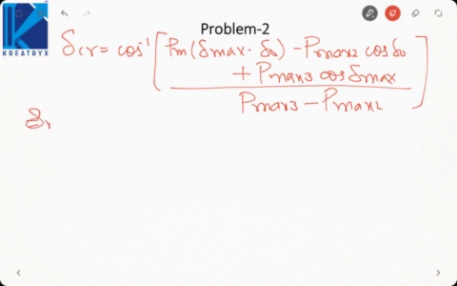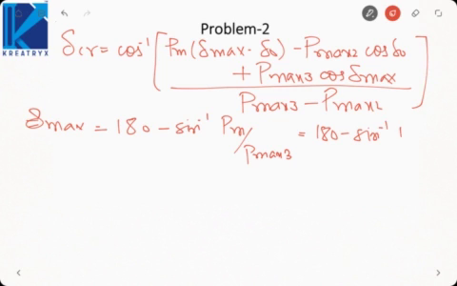Here delta max is given as 180 minus sine inverse of PM by P max 3, that is 180 minus sine inverse of 1 by 1.5.